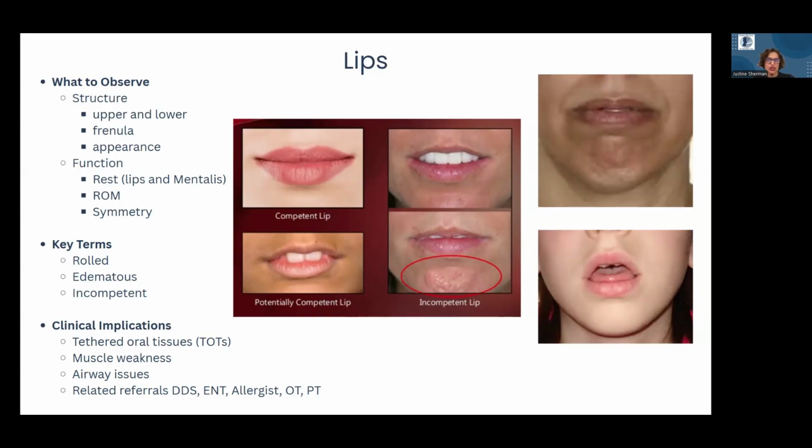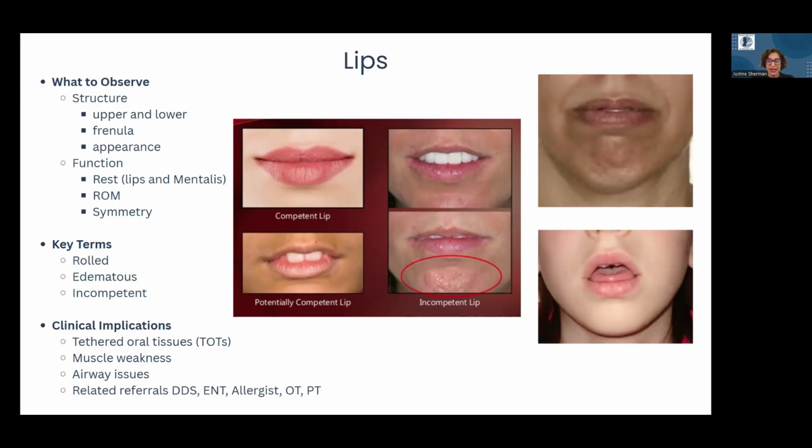That resting posture reflects baseline tone. It reflects airway patterns and readiness for speech and swallowing. So that open lip at rest might show us that they have low tone, that they're mouth breathing, that they have anterior tongue posture. Flaccid lips or edematous, kind of swollen lips, will often contribute to drooling and reduced pressure.